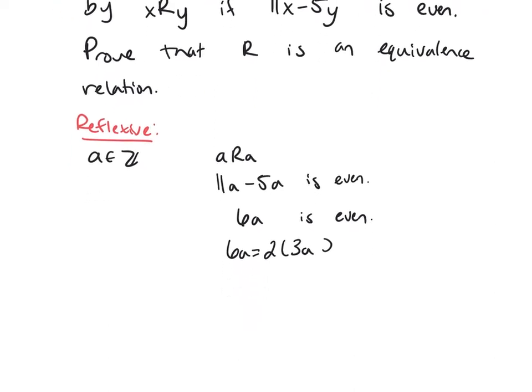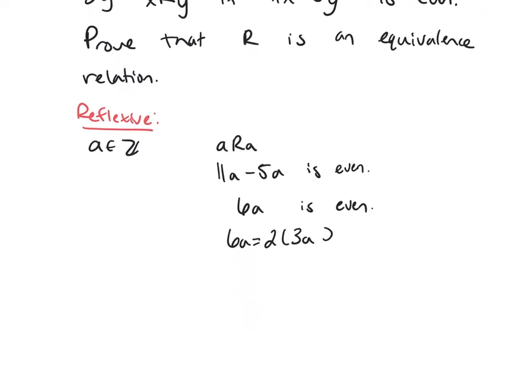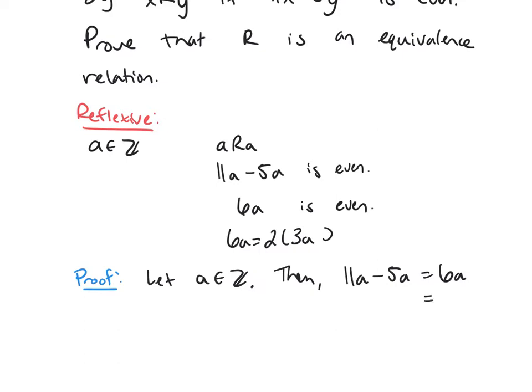So now what we've done is kind of outlined the proof. So now let's write up the proof formally. Let A be in Z. Then 11A minus 5A equals 6A, which is equal to 2 times 3A.